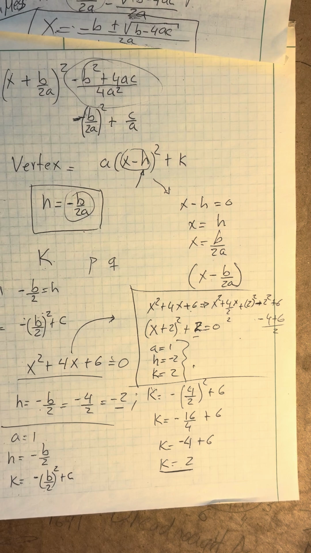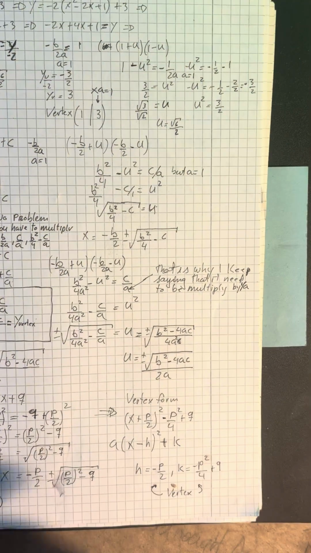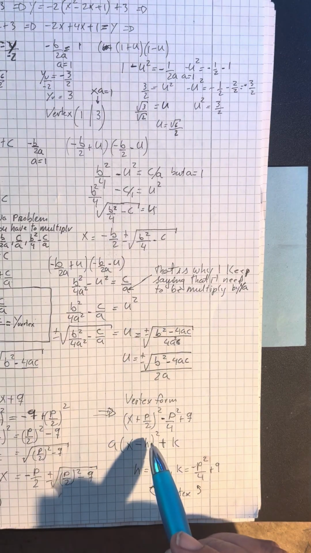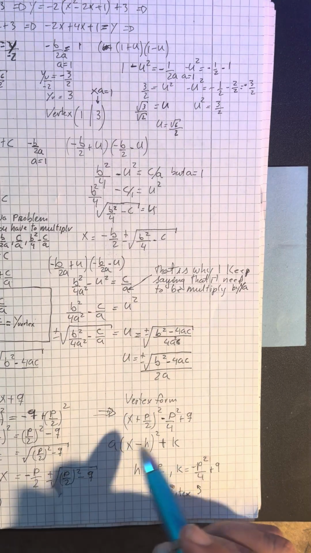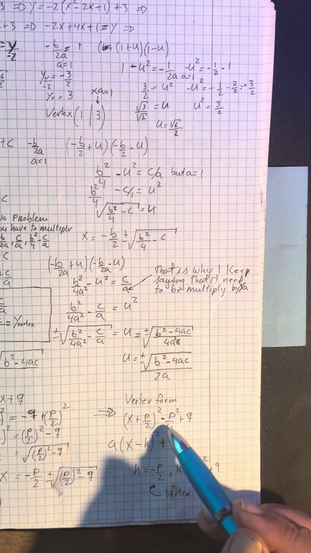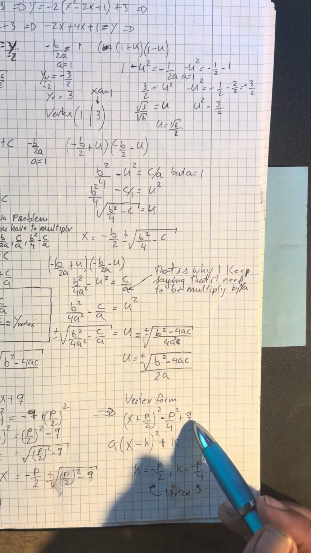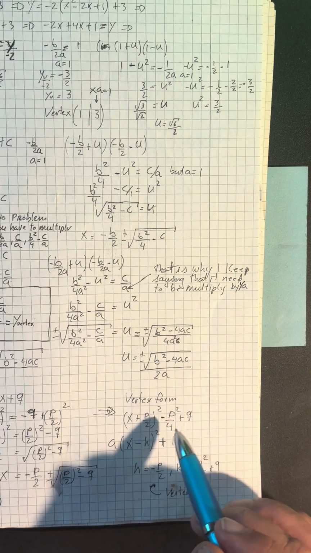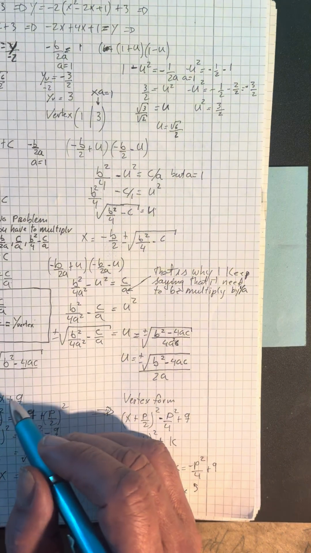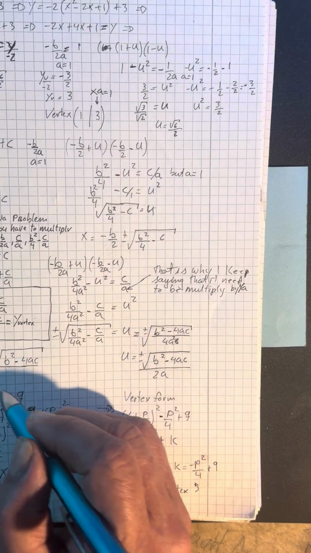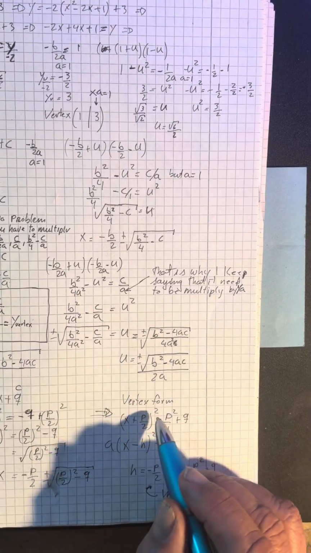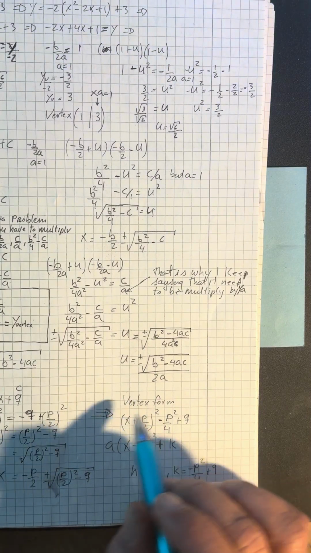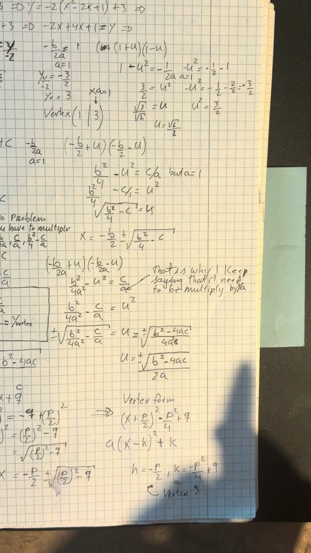And so you can see that they write it the same way, minus p divided by 4 plus q. This is exactly the same thing. So if we replace the p's by the b's and the q by the c, it is exactly the same.